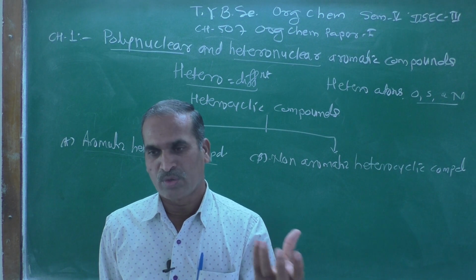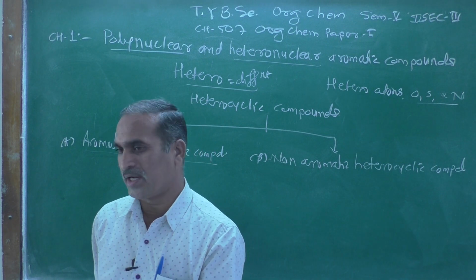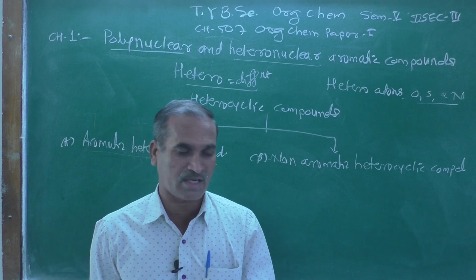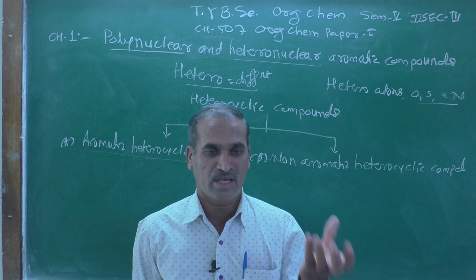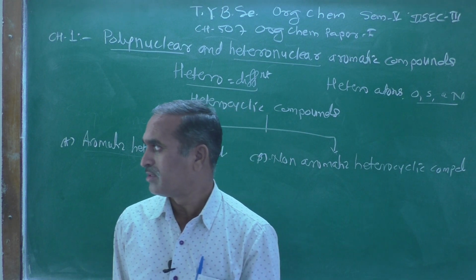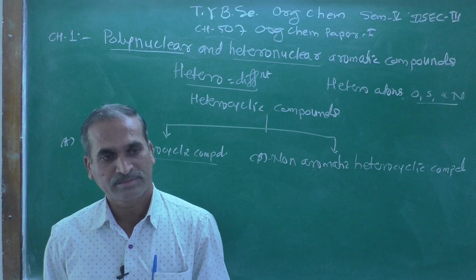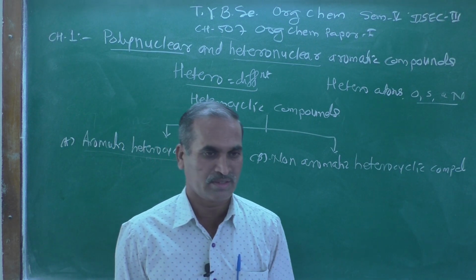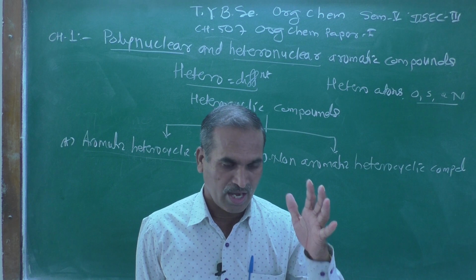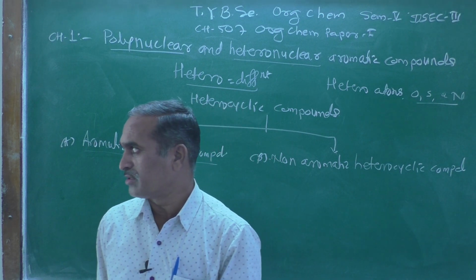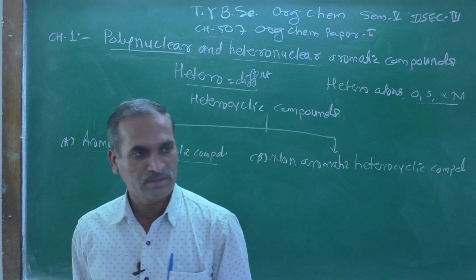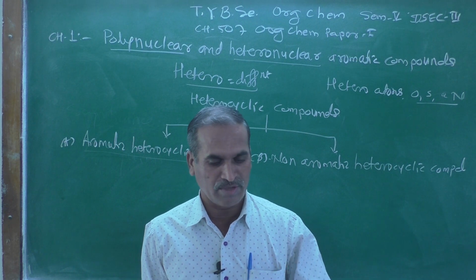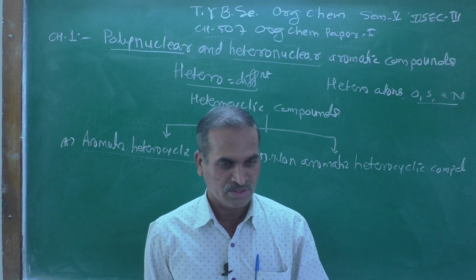You already know that is Haworth synthesis of naphthalene as well as anthracene, how they are synthesized and what are their characteristic reactions, means properties. We have studied in detail in our previous lectures.